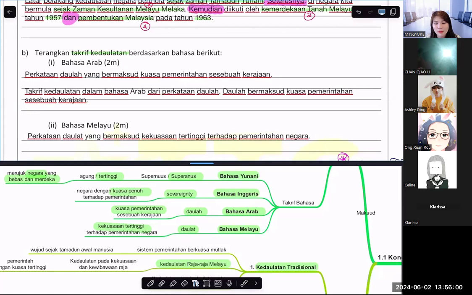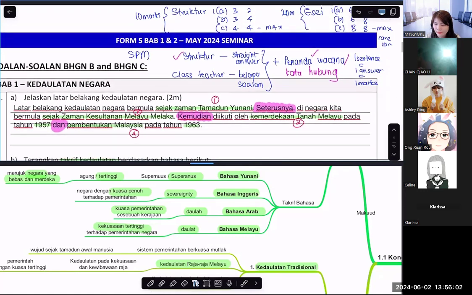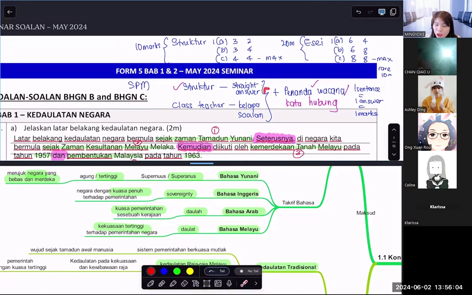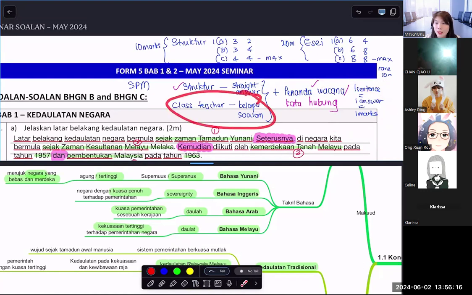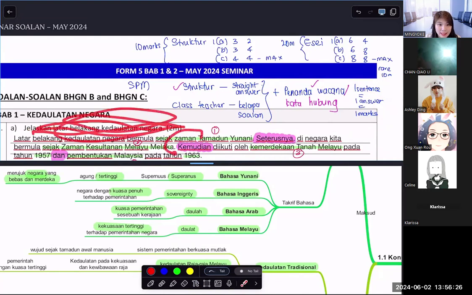Like that. Okay, guys. Another thing is, for structure, you already know. Straight answer, penanda wacana, kata hubung. Best is 1 answer, 1 sentence, 1 mark. If it's the class teacher, the kepala soalan has to be there. The reason why the government does not need you to write kepala soalan is because the soalan is already here, so the examiner already knows what the answer is regarding.